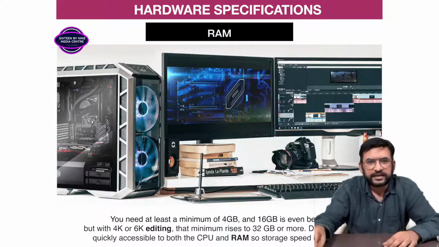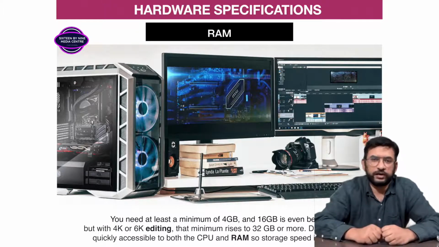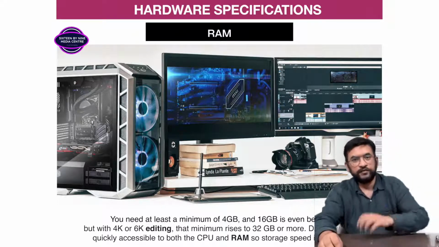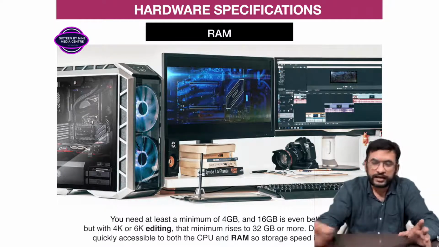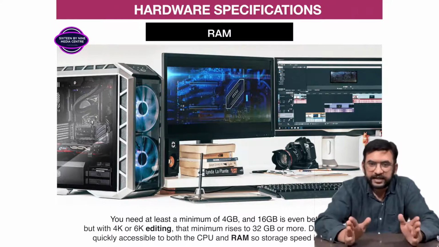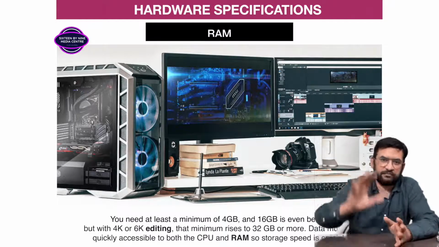RAM, random access memory. At a given point of time, whatever you're using, Google Chrome is an application which takes up a huge amount of RAM memory. You are using Google Chrome, you have opened Adobe Premiere or FCP on your computer, and you are importing footage. At that moment, whatever the computer is doing, it is in the RAM, in simpler language.